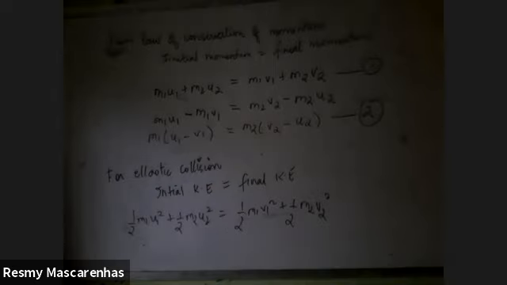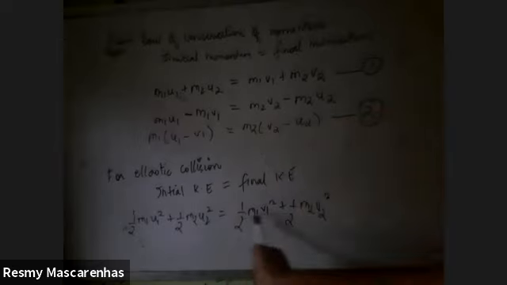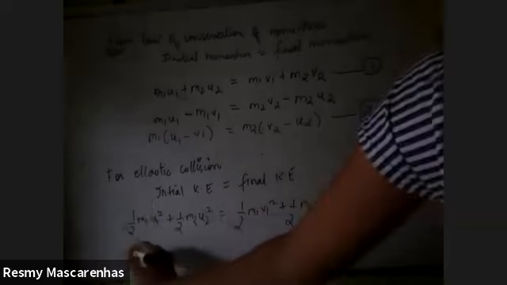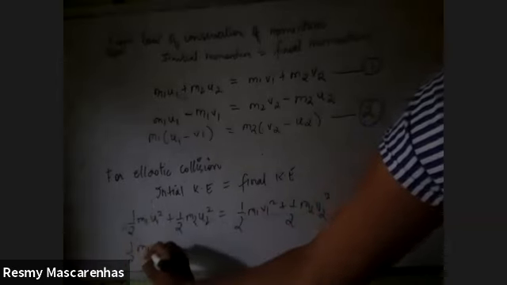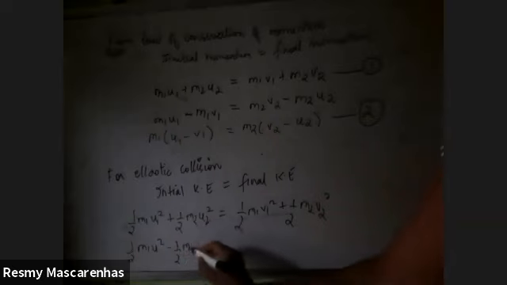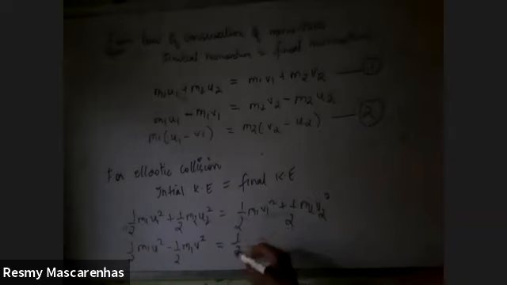And same like the previous one, m1 terms you bring one side, m2 terms you take on the other side. So let mass 1 be on the left hand side and mass 2 be on the right hand side. So this term you'll have to take on this side. This I'm keeping here only.